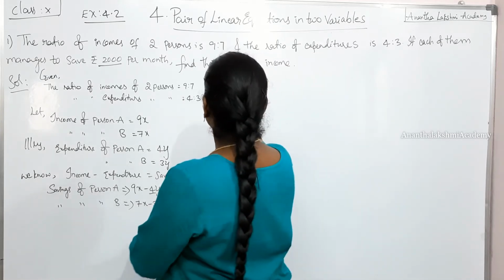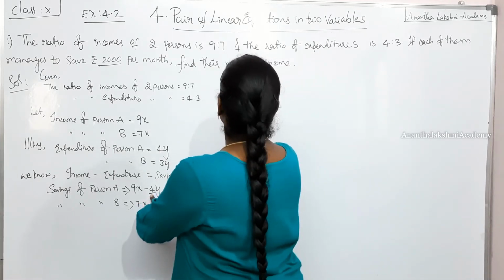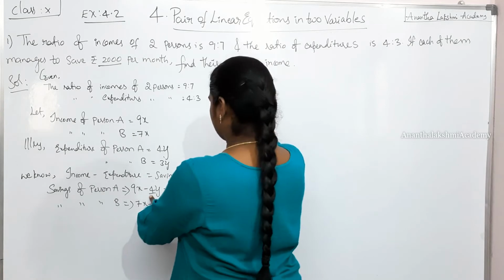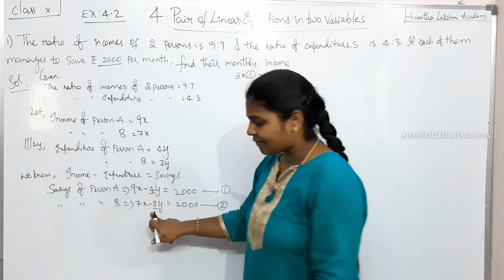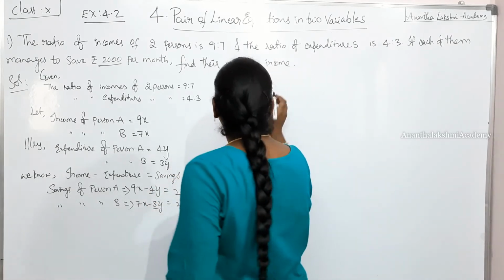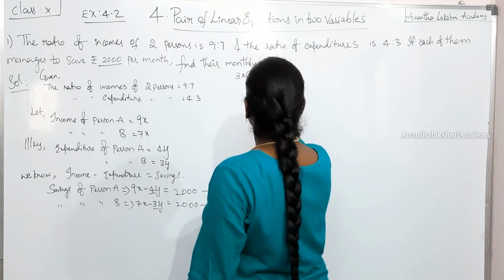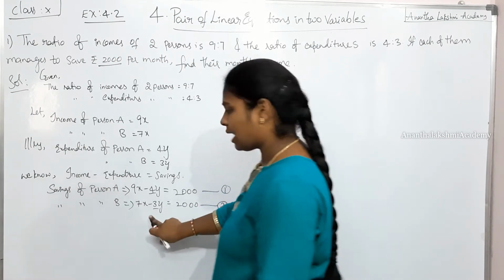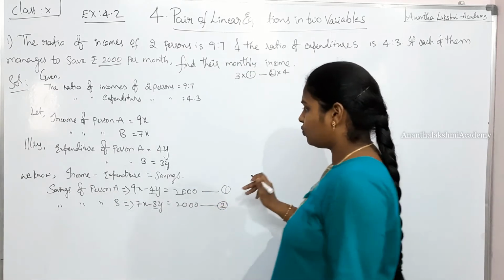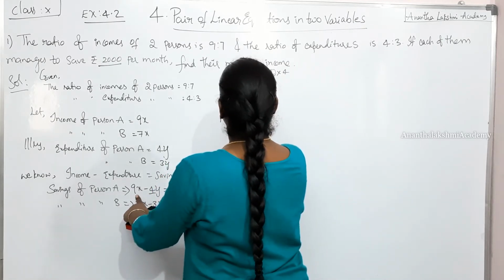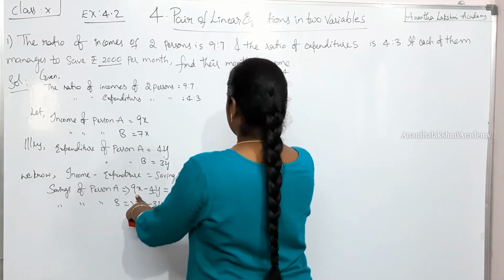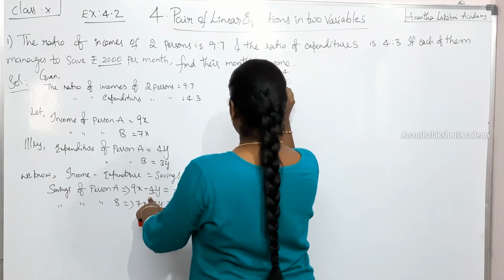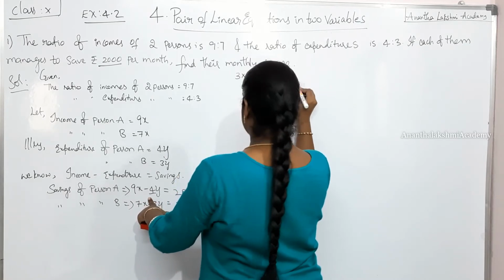Alright, so let me just rub this. So I'm going to do it as 3 into 1 minus, since they are having same signs, I am subtracting, minus 2 into 4. I'm going to multiply equation 2 with 4. So this becomes 27x minus 4 3s are 12y is equal to 3 2s are 6000.